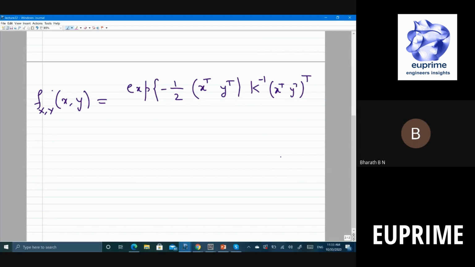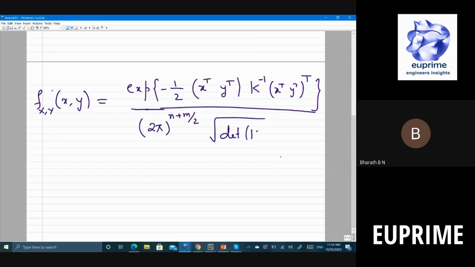This is the exponent, divided by 2 pi power the number of terms. You have n plus m terms by 2, because x is of dimension n and y is of dimension m, square root of determinant of K inverse. Is this fine?